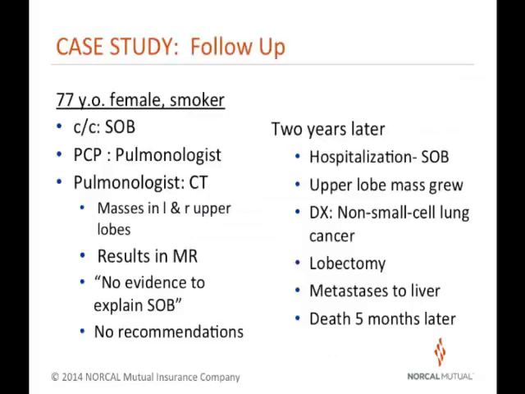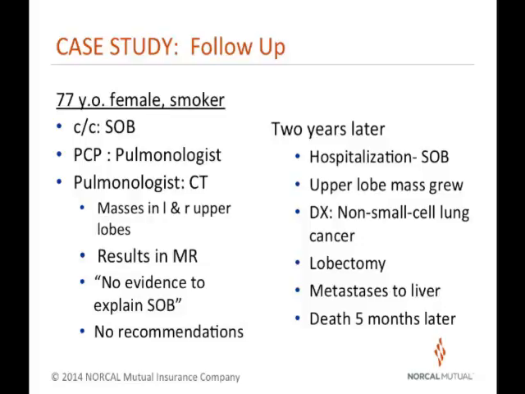Here we have a case study with follow-up: a 77-year-old female smoker. Chief complaint, shortness of breath. The primary care physician referred her to a pulmonologist. The pulmonologist did a CAT scan and found masses in the left and right upper lobes.